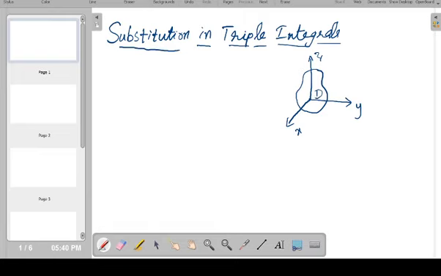And suppose you have a real valued function f, defined over this domain D, with the real line as its range. Suppose you have a bijective, that means one-to-one, transformation from the XYZ space to the UVW space.